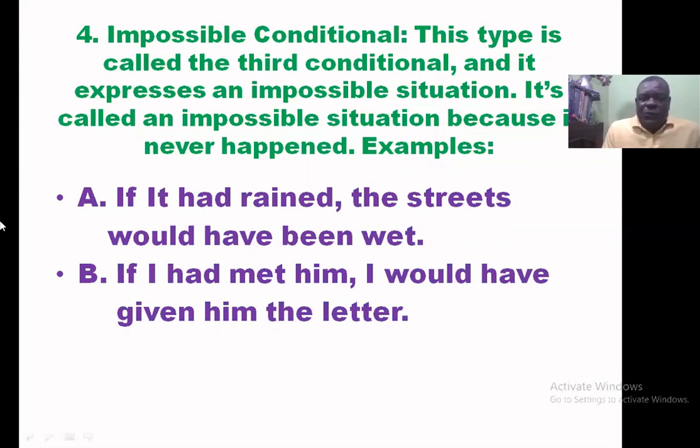If I were you, I would... a situation like that, it's not possible for me to become you. So there are clearly impossible situations, and there are also instances where we use some of these things hypothetically. So these are the ways in which we use conditional sentences.